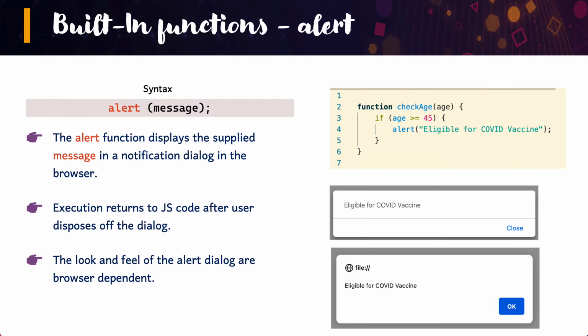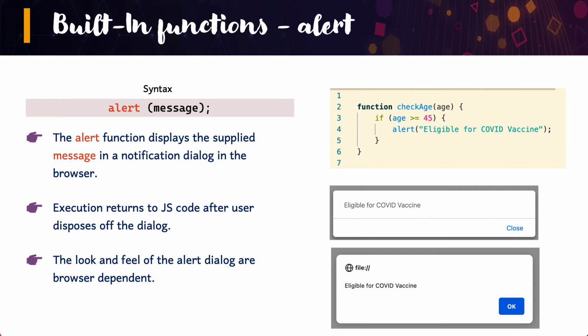The exact button and exact appearance of the dialog box is both browser and operating system specific, but it is a prompt to the user, and user is required to dismiss the dialog by clicking on the only button available in the dialog box. This is really called a notification dialog.